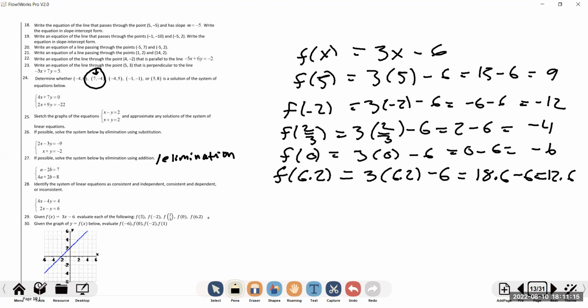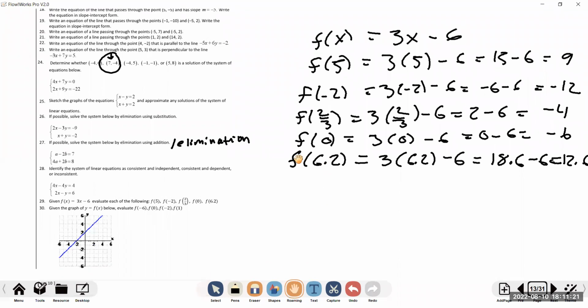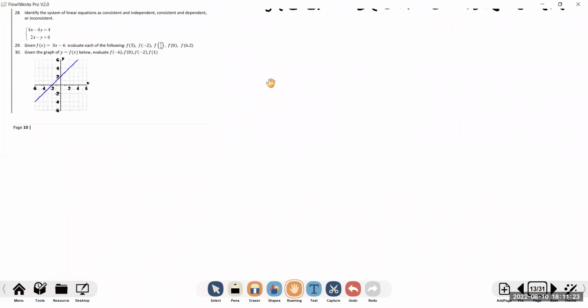Now, when we look at the graph below, I'm going to move in a little bit so you can see that here. We're going to look for f of -6.